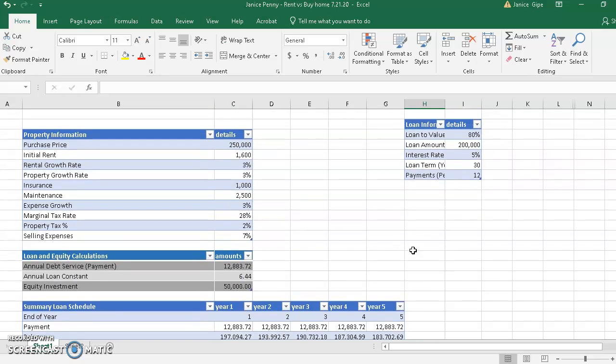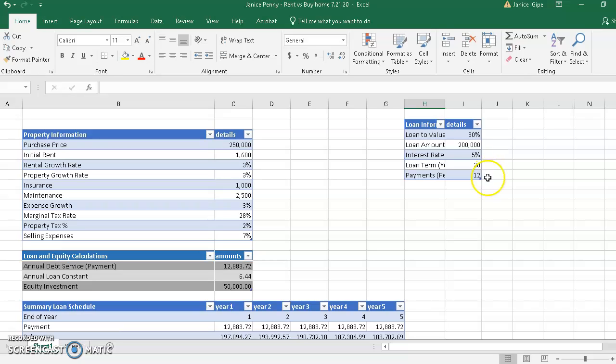The annual debt service: with that, taking the loan amount, which is the present value, and the interest rate of 5% divided by 12, and then your loan term is 30 times 12, which is your N, or how many payments per year.